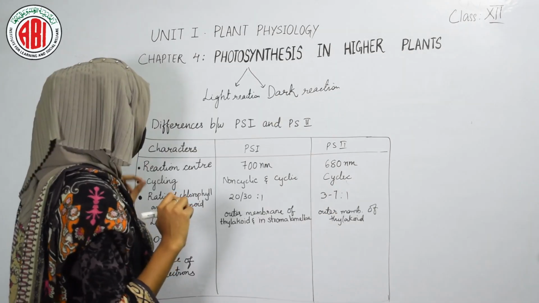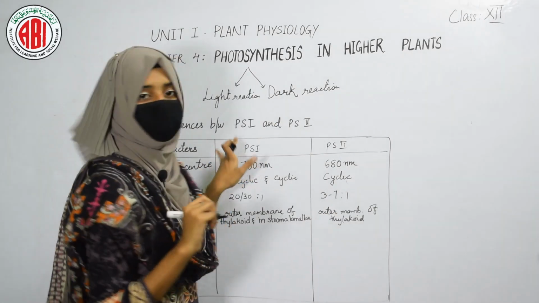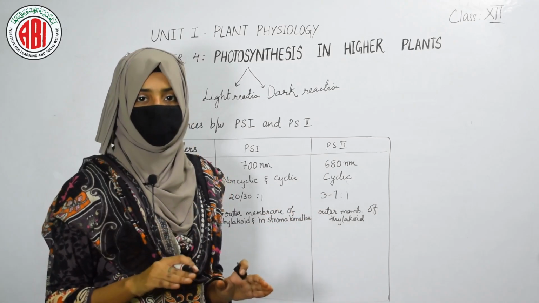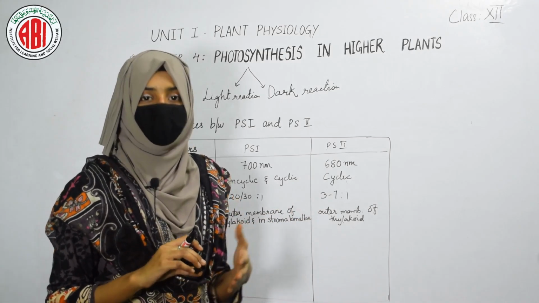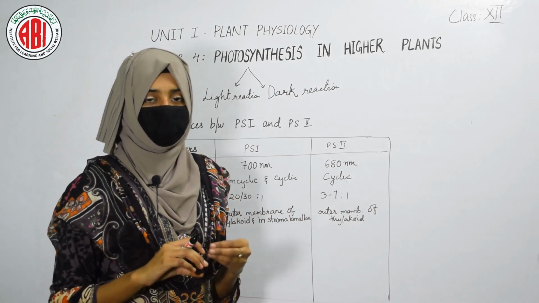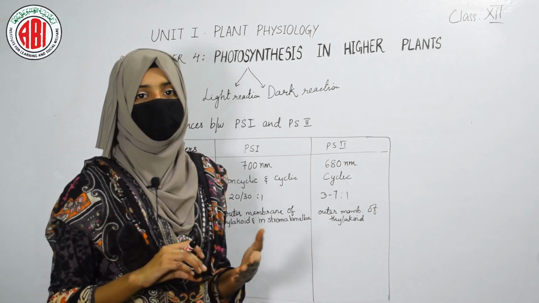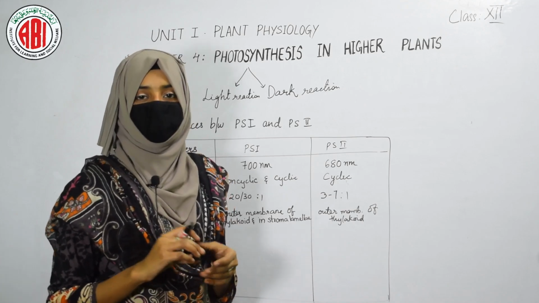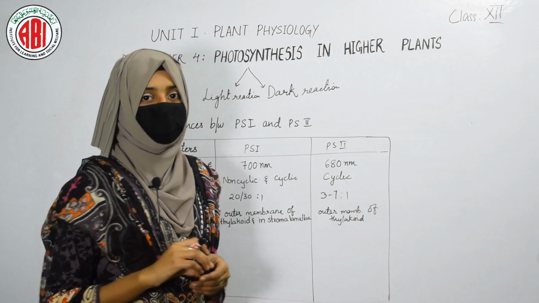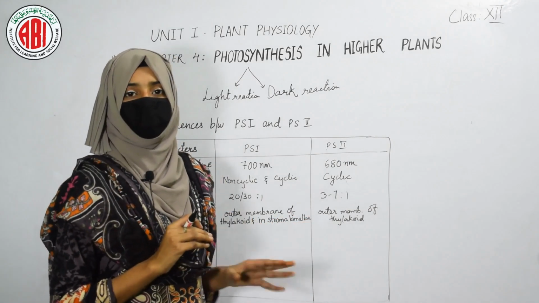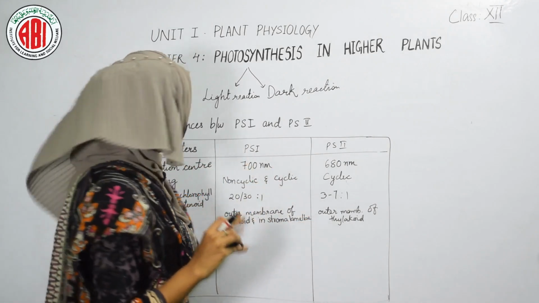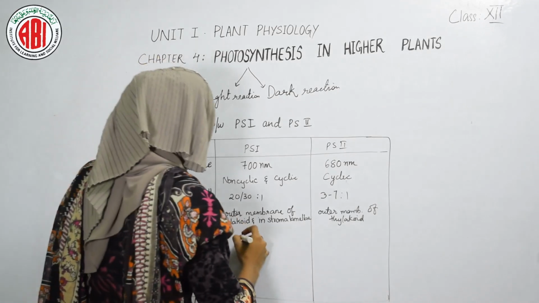Now the oxygen. Photosystem 1 is not associated with the complex that is involved in the splitting of water, the reaction called photolysis of water. So as there is no photolysis of water, no oxygen is released as a byproduct.